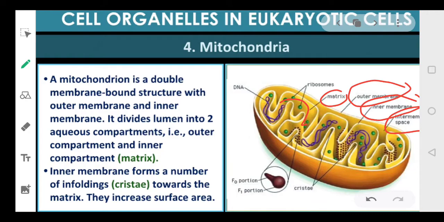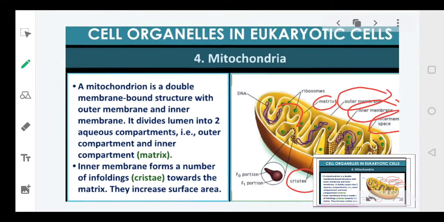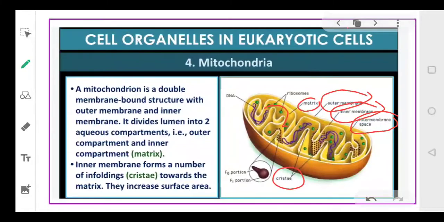The inner membrane is thrown into a number of folds, as you can see, and these folds are referred to as cristae. There is a space between these two membranes. That space is called intermembrane space, and the inner membrane is filled with a substance which is called the matrix. Okay everyone? So what are the cristae? The folds that are present in the inner membrane.